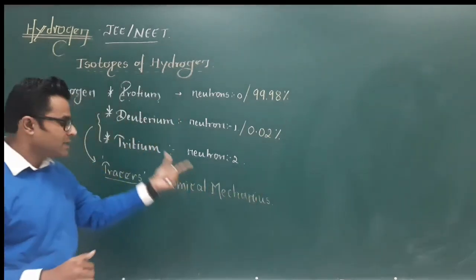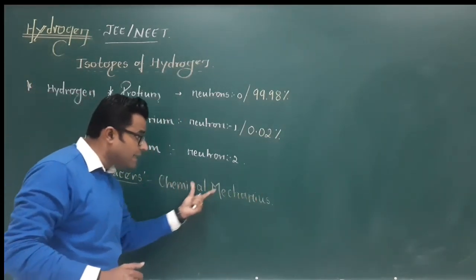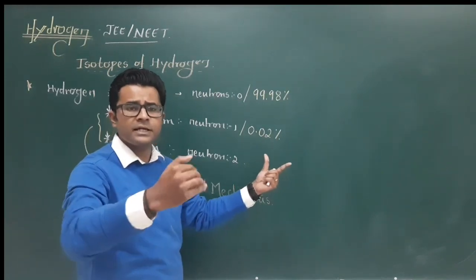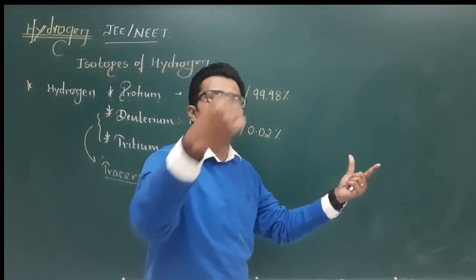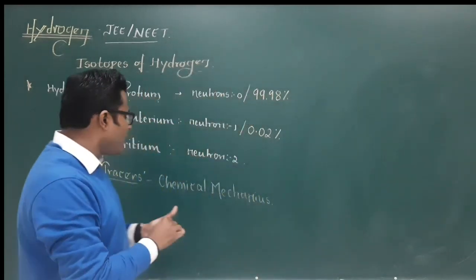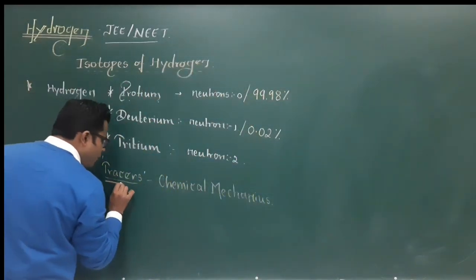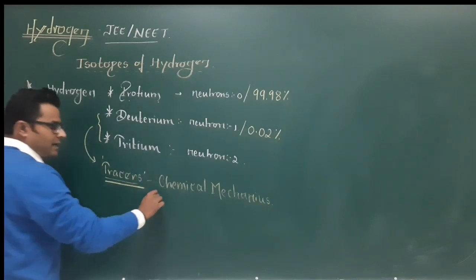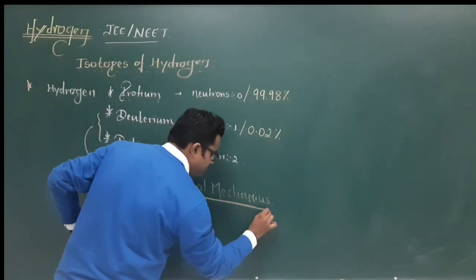It helps us to understand the chemical mechanism, how the reaction is occurring, where that particular deuterium is going and attaching, or the proton will go and attach. These things are learned with the help of tracers in a chemical mechanism.